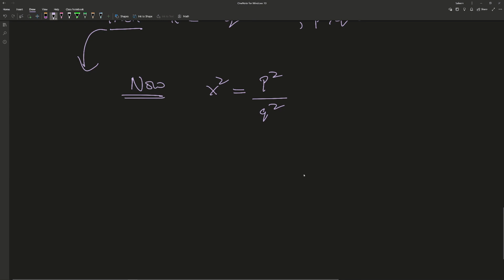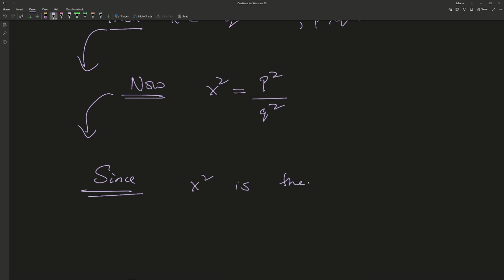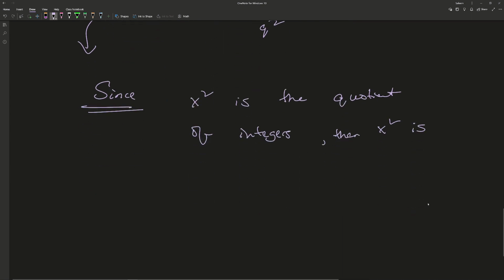Now from here we can infer, using since: since x squared is the quotient of integers, then x squared is rational.